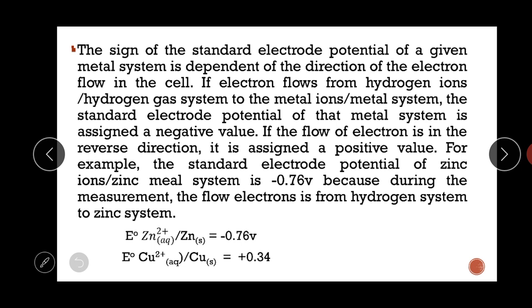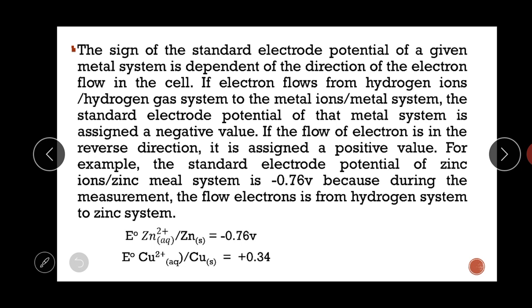If the electrons flow in reverse, from the metal to the hydrogen ions, it is assigned to be positive. So for example, the standard electrode potential of the zinc ions and zinc metal system is minus 0.76.